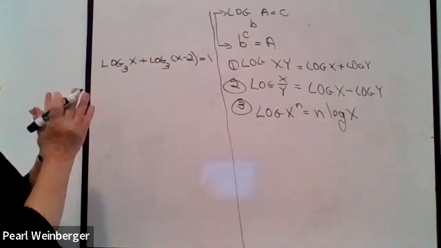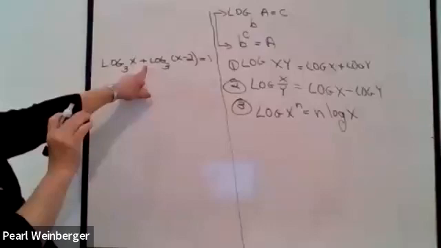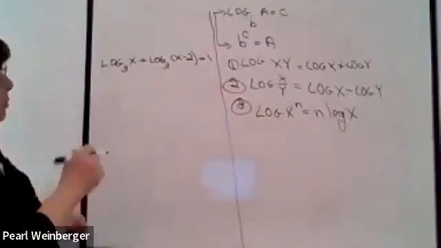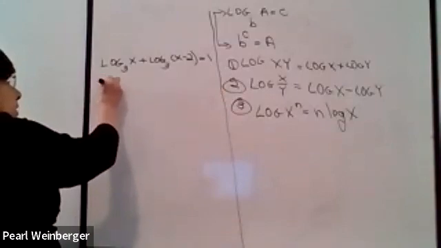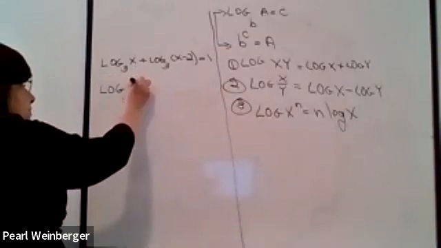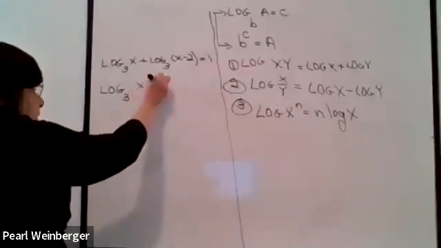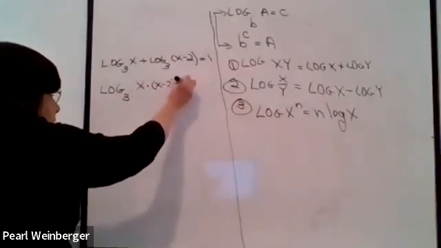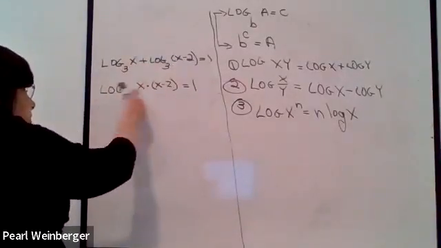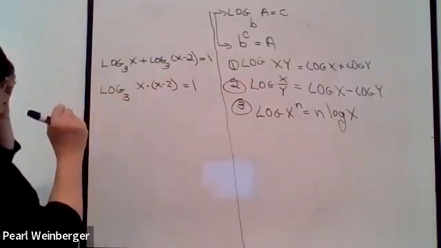I look at what's in between the two logs, and I see the sign is plus. That means that originally, if I'm adding the logs, it must have been that I was multiplying the numbers. So I'm going to contract this to the log base 3 of x times x minus 2. When we add logs, it means we're multiplying the numbers.